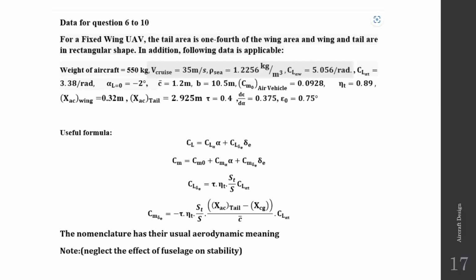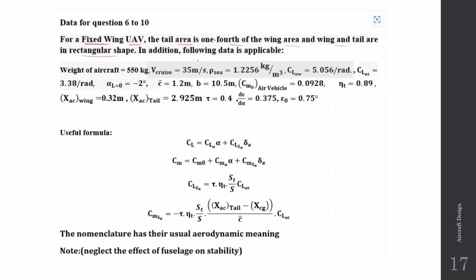Now moving on, this is another question. This question says that for a fixed wing UAV, the tail area is 1/4 of the wing area, and the wing and the tail are rectangular in shape.